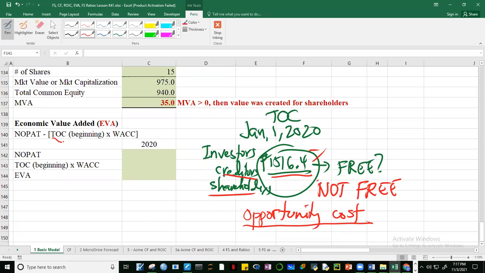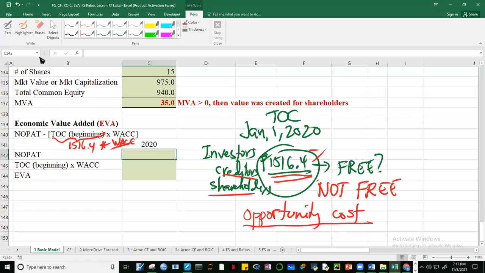The TOC beginning, which is 1516.4, we're going to charge management by the amount of WACC. Kasi hindi libre to eh. What's the cost of acquiring funds for the company? It's equal to the WACC. So since this is not free, we're going to charge management for the use of that. So tingnan natin, no? Let's compute now for this.